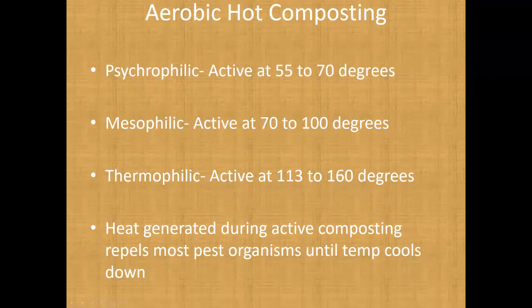But with this active thermal composting, once it gets to about 120 to 160 degrees, that's where we'd really like to get our compost close to, because that's where we can start to kill off any diseases that may be in the material, plant diseases or harmful bacteria, viruses, or harmful fungi. That's also where we're going to kill off a lot of the weed seeds that might be in our compost.